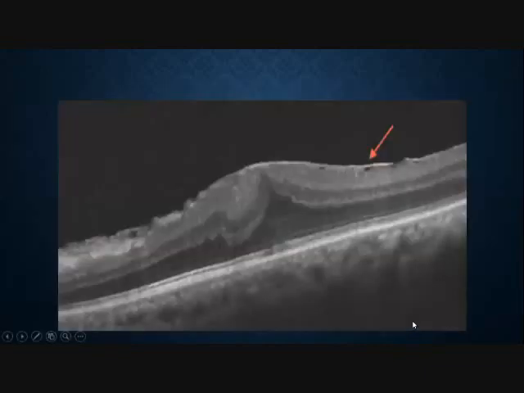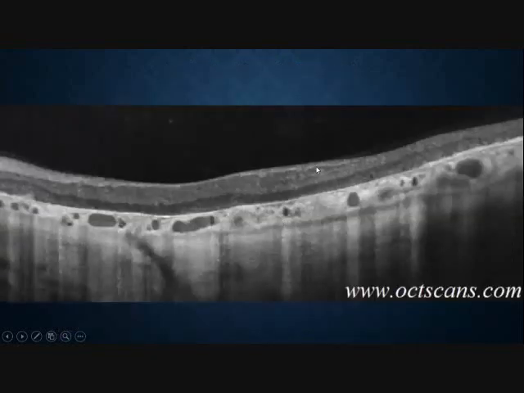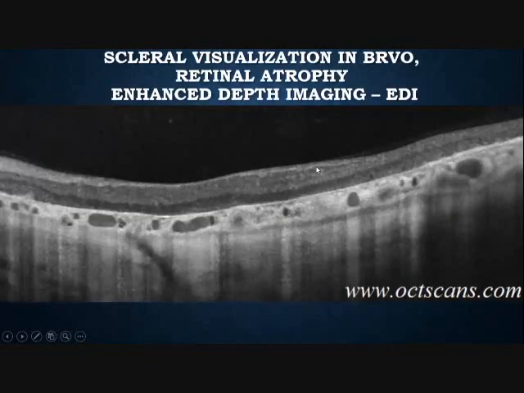Okay, so this is an epiretinal membrane, which has increased the thickness of the retina and had caused disruption. The subretinal fluid is present below the. Now this is enhanced depth imaging or EDI function, in which you can see the details.